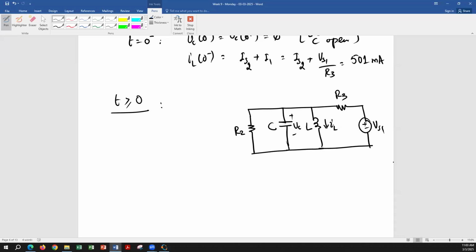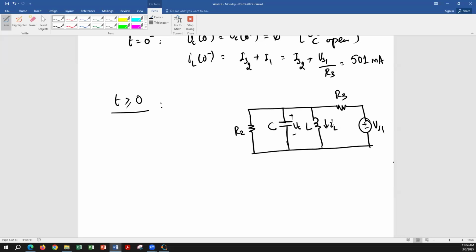No. If it is running for a long time, that's t at steady state. But when t is greater than or equal to 0, we are trying to find the equation that starts at 0 and then goes for all values of t. When you are evaluating the steady state value, then you assume it's running for a long time. That's one part of the equation. VC is steady state plus VC natural, but when you assume the natural response, then you don't assume it's running for a long time.